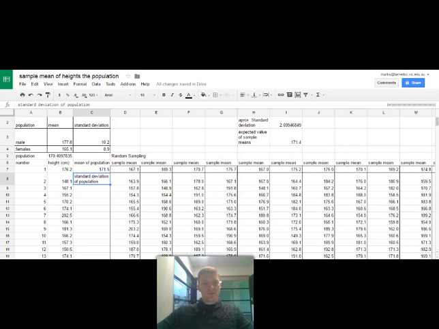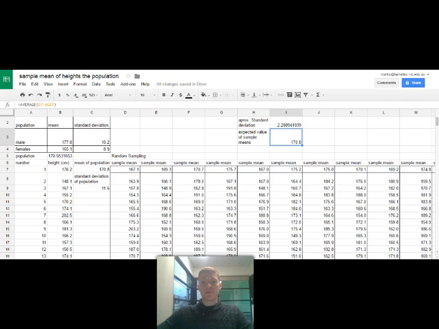And we can see for our population of male and female heights, we've got an average, a mean of about 170.8, while the standard deviation of the population is 11.6. So we're going to see how that relates to the expected value of the sample means. And we can see there's something interesting going on there.